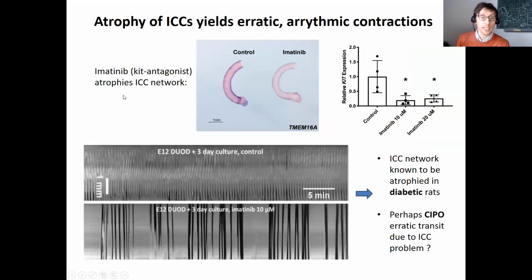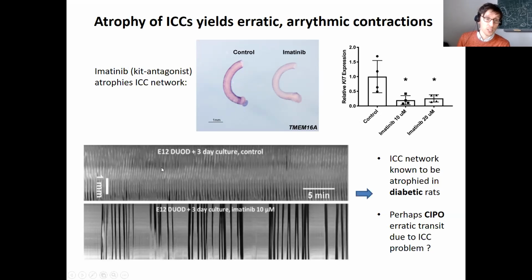So now what if we inhibit the Cajal cells in this critical transition from E12 to E14? We used imatinib. It causes the ICC network to atrophy, as had also been found by Beckett in a previous publication.